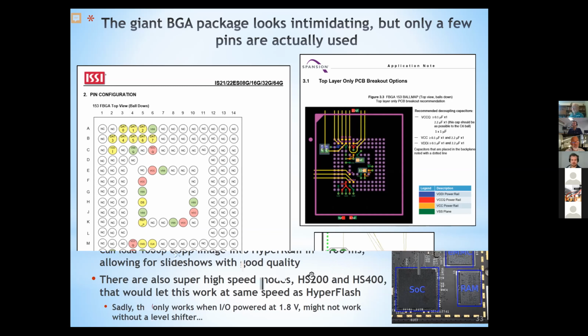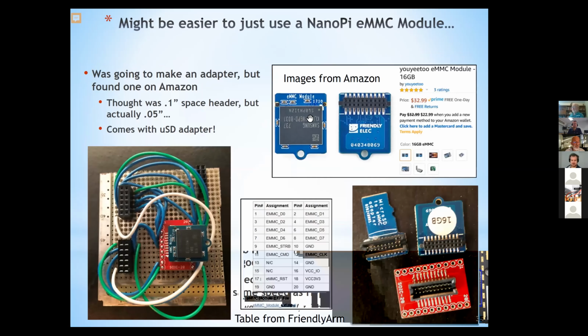I was about to lay this out on my own board, and I thought I'd take another look at what I can just get off the shelf. And I found this, the eMMC chip on a nice, easy-looking header. And I can buy these connectors off Mouser.